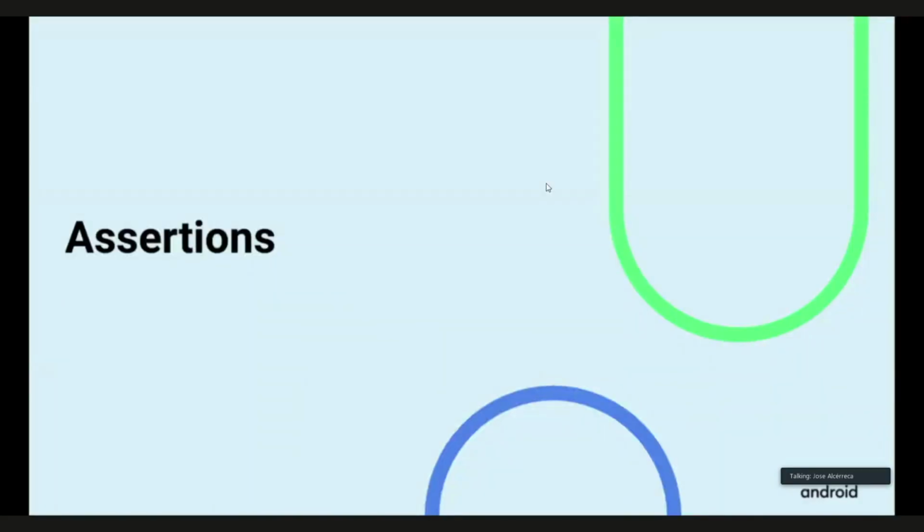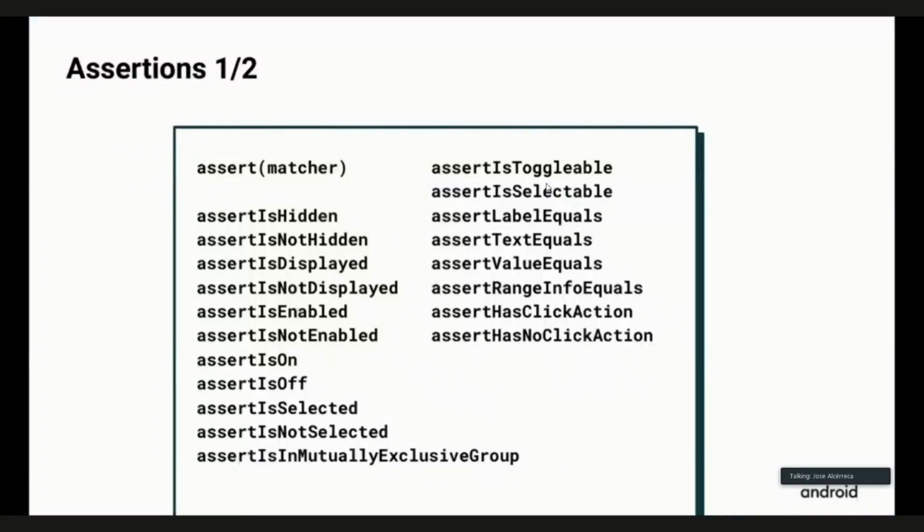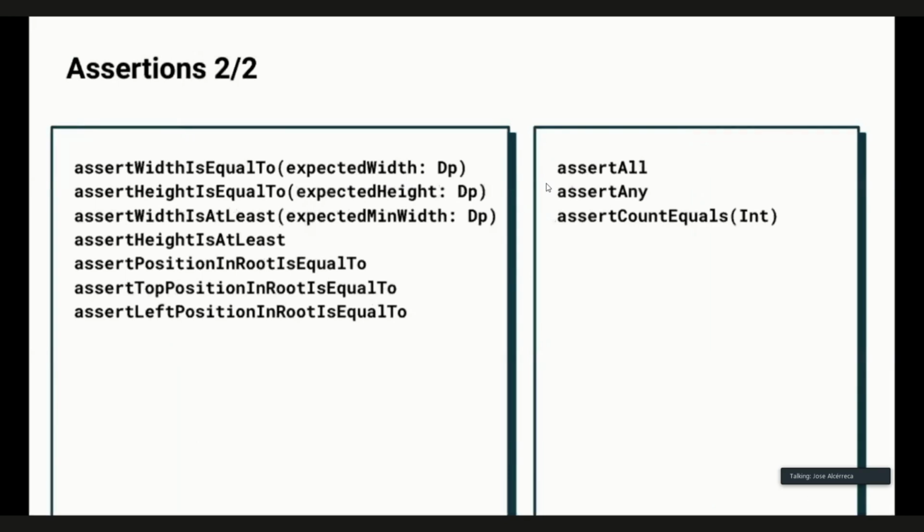So moving on to assertions, again, you can use the generic assert function, passing any matchers from before, or you can use any of the shortcuts. assertIsDisplayed, selected, labelEquals, etc. There are some assertions related to size and position, and then we have the assertions for collections of nodes. assertAll, assertAny, and assertCountEquals.